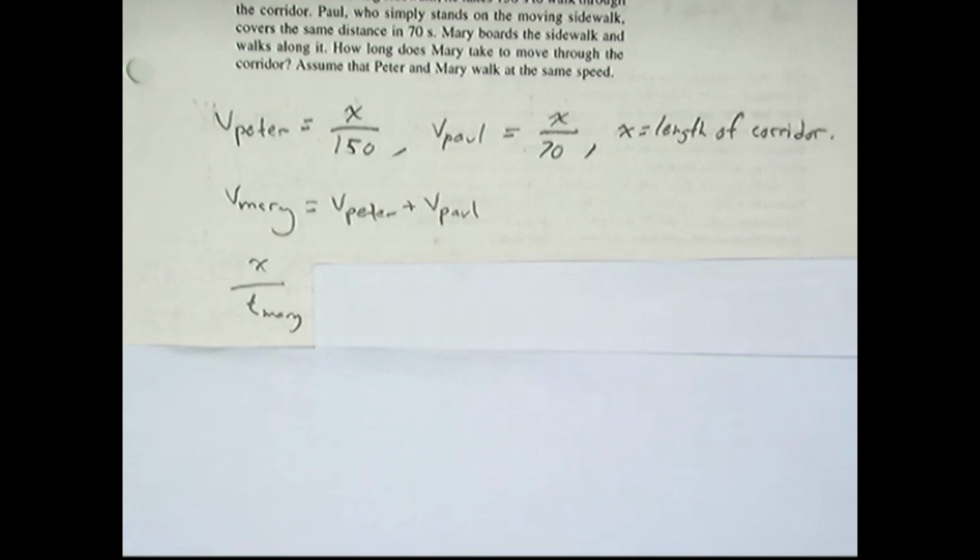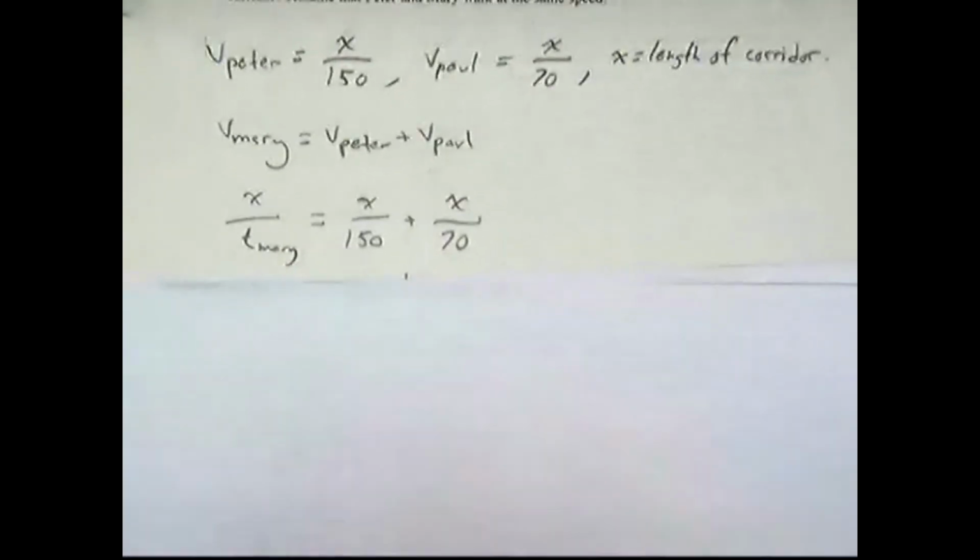If you put in the two velocities for Peter and Paul, you can see immediately what happens. Notice that you get an x in all three terms, so the x is going to cancel out.